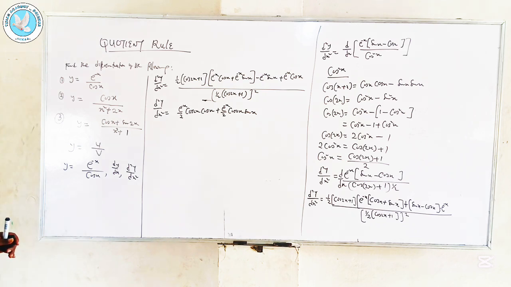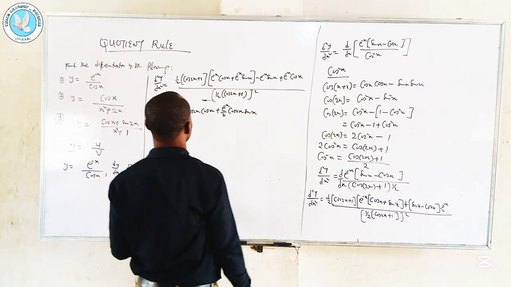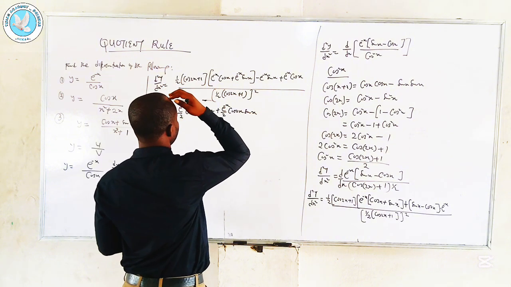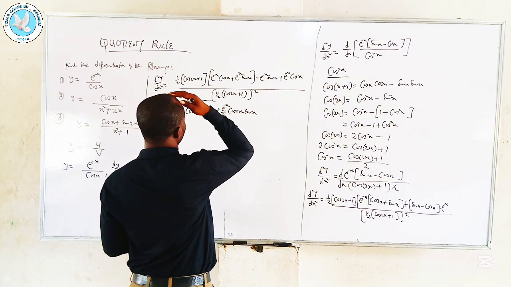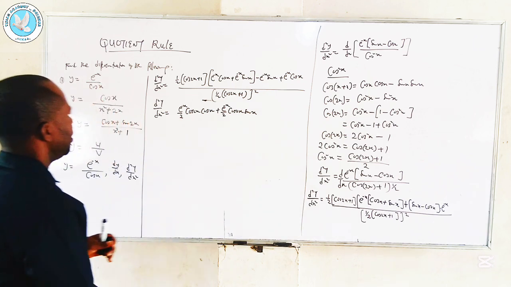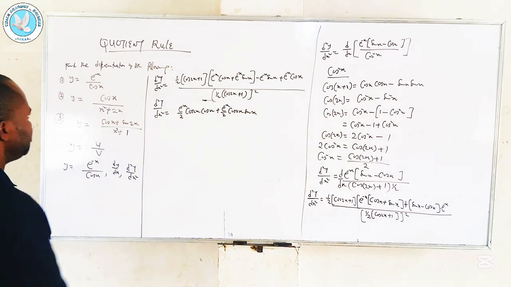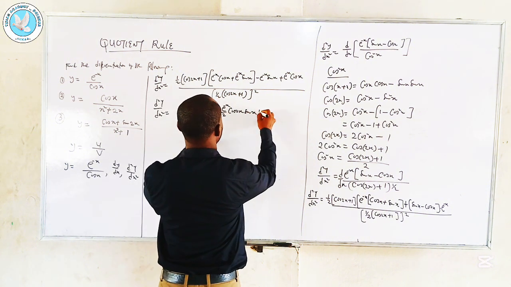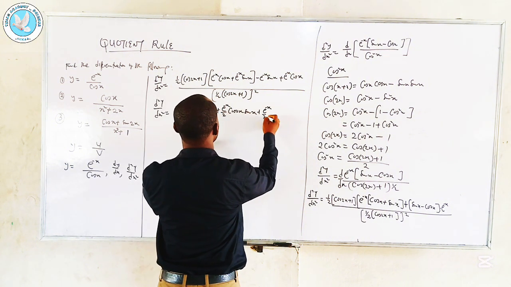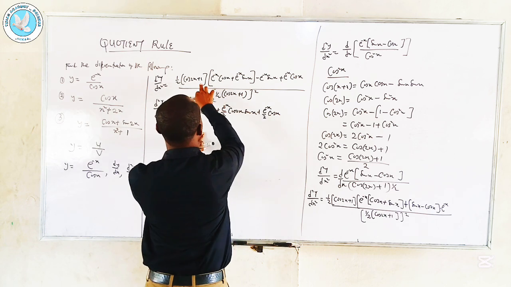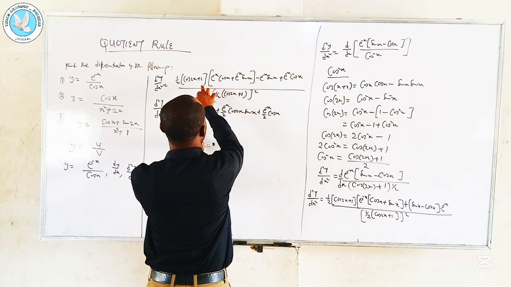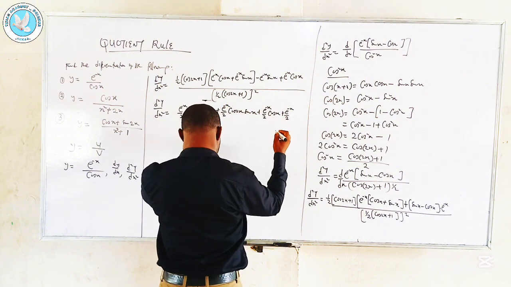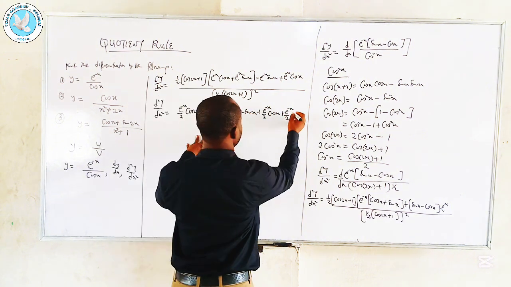Having done that, we are doing the same thing to this. That will also give us plus exponential 2 cos x, and the same thing is plus exponential 2 sine x.